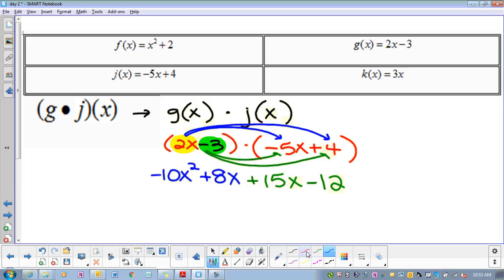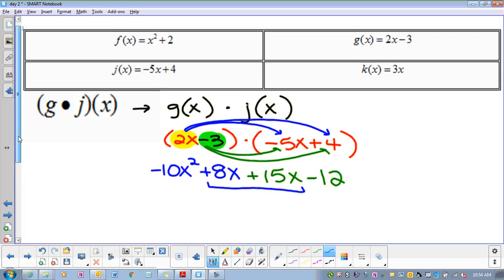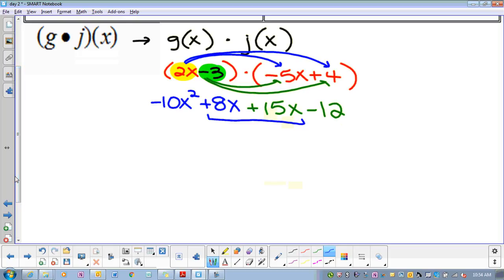And if you double distribute like that, your like terms usually come out right in the middle. Those are the ones that you can combine together. So I'm going to bring down negative 10x squared. What's 8x plus 15x? 23. Perfect.